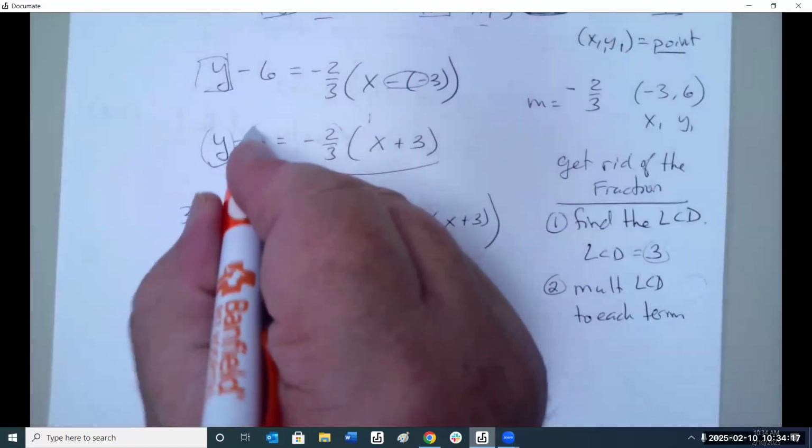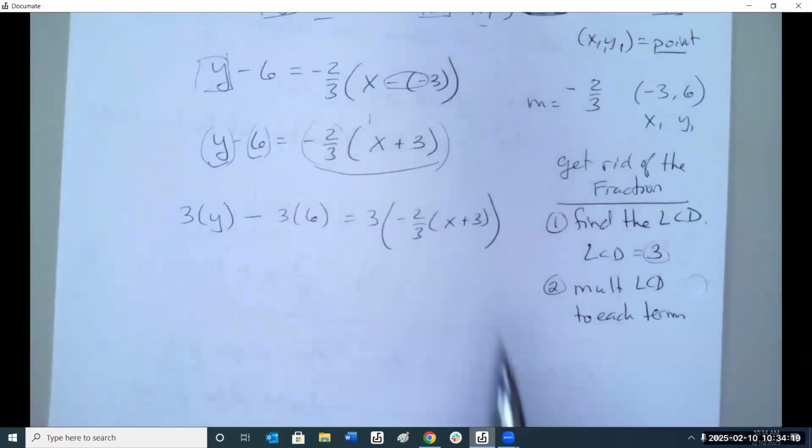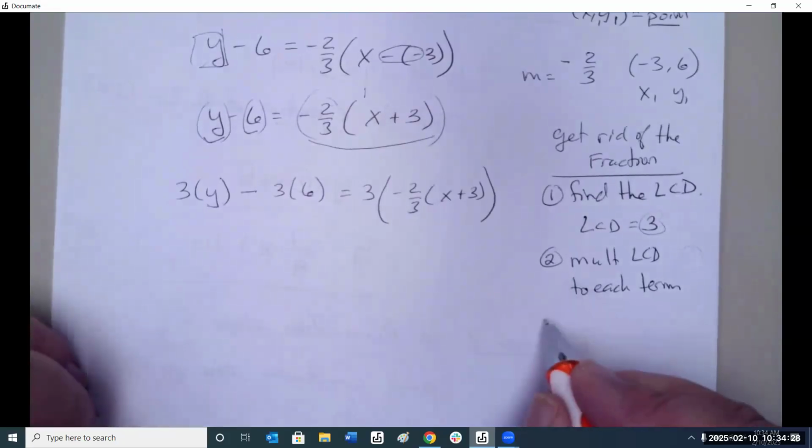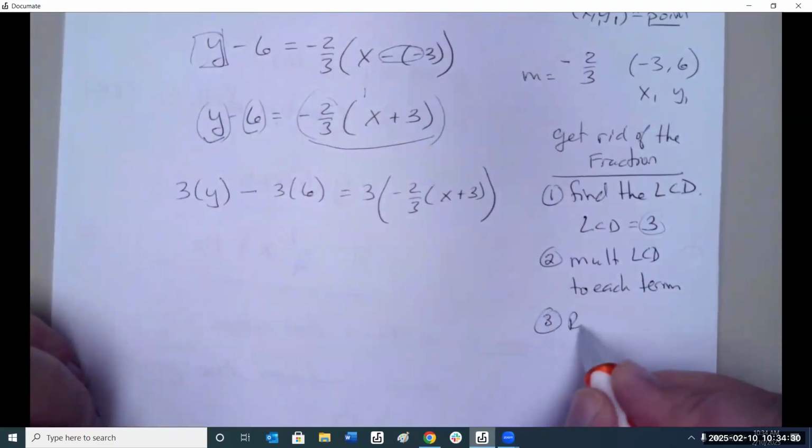This is your term, that's your term, and that's your term. So far, so good? First, find the LCD, multiply it to each term.